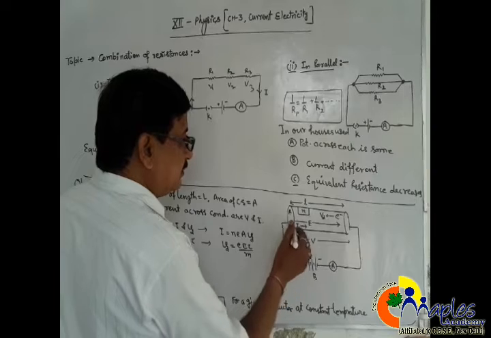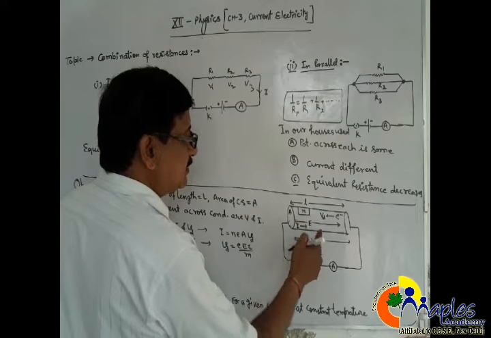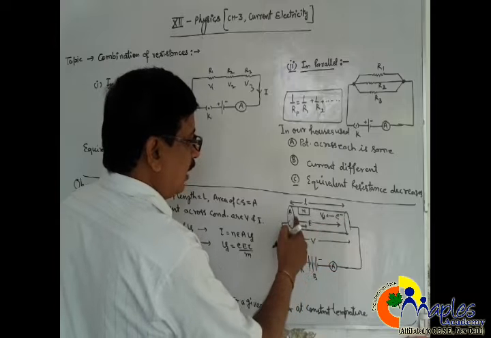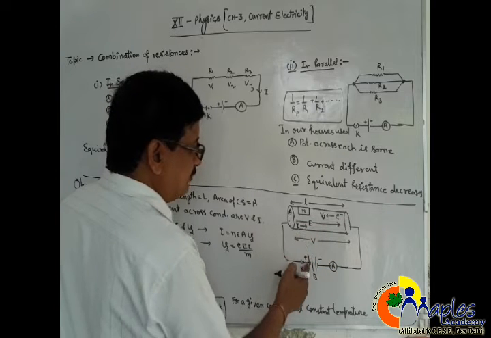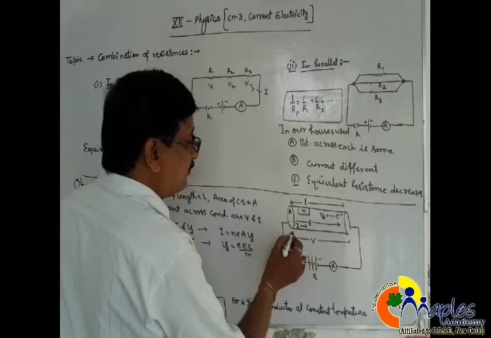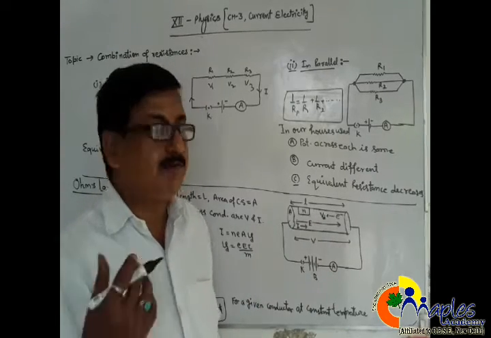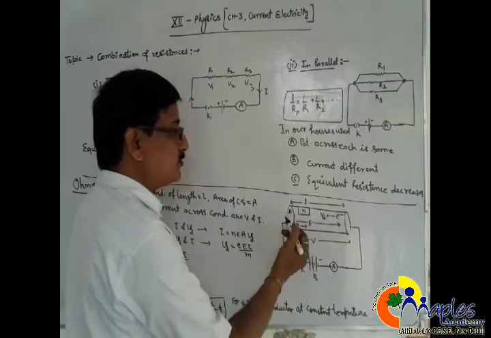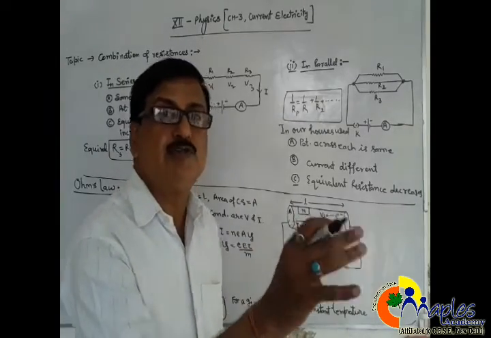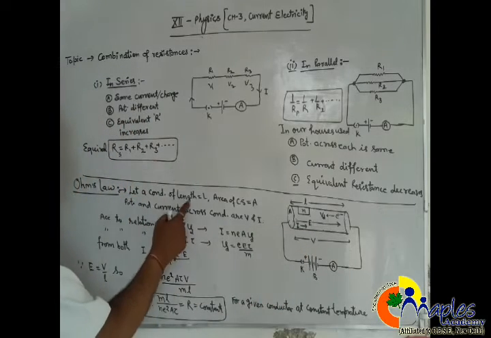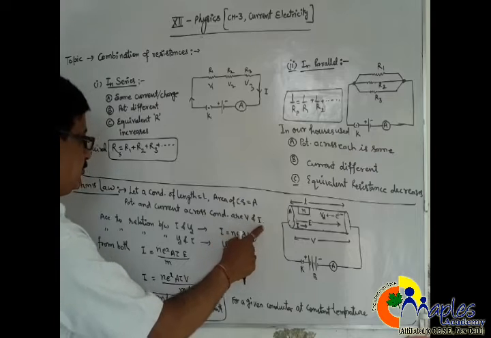When it is subjected to an electric field or potential difference, the electron experiences a force and starts to move against the electric field, towards the higher potential, with drift velocity. As I discussed with you, drift velocity is the average velocity of free electrons with which they move towards positive potential.